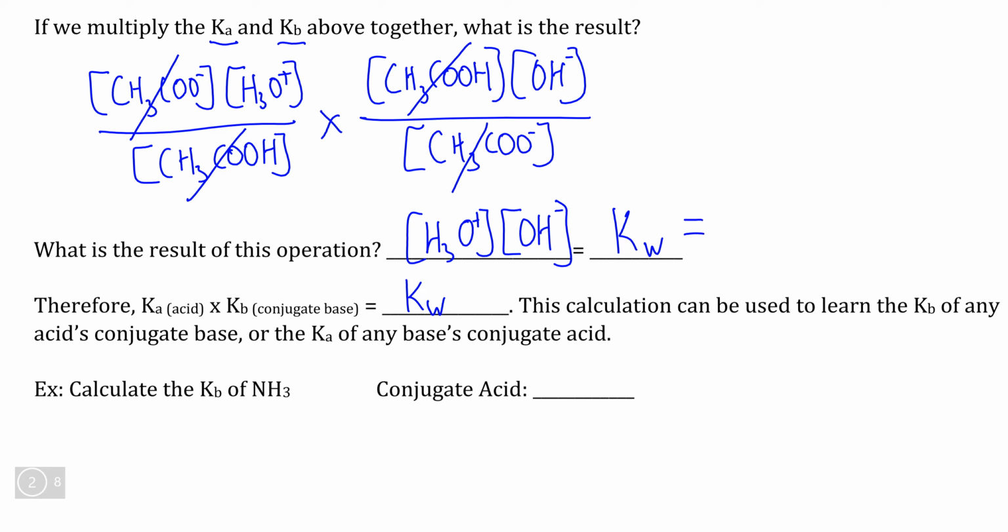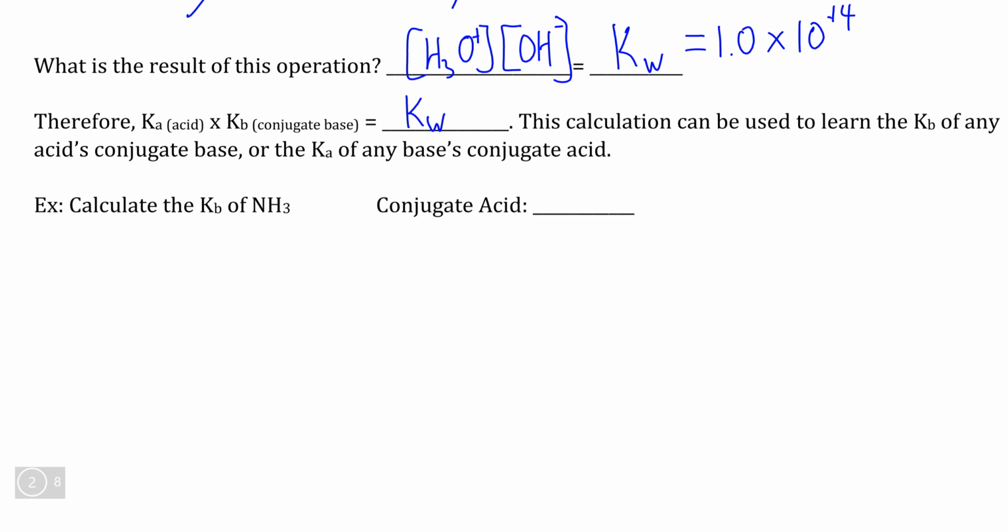Now, because we know the value of Kw at atmospheric temperature, 1.0 times 10 to the negative 14, this allows us to mathematically calculate one of Ka or Kb, provided that we know the other.